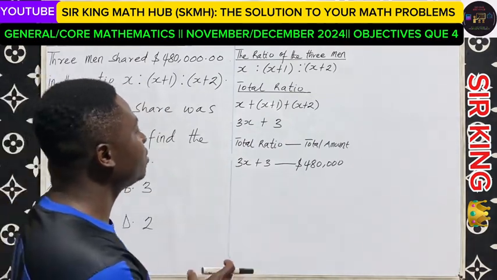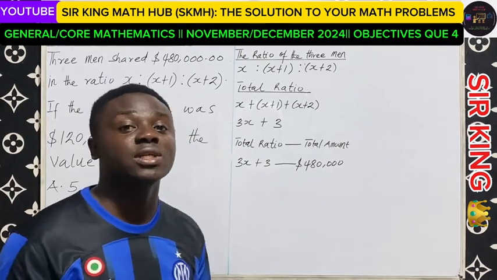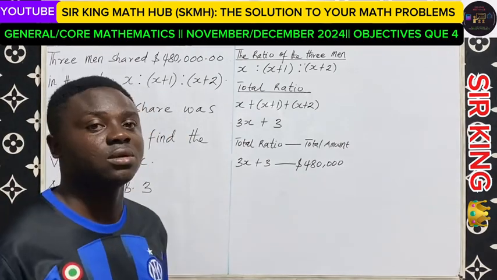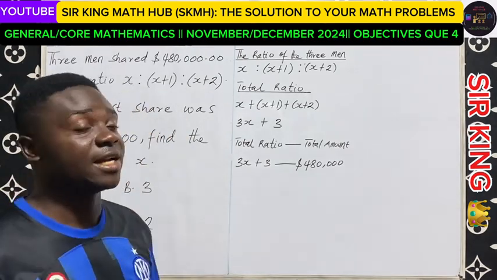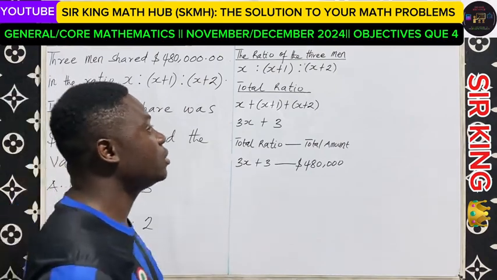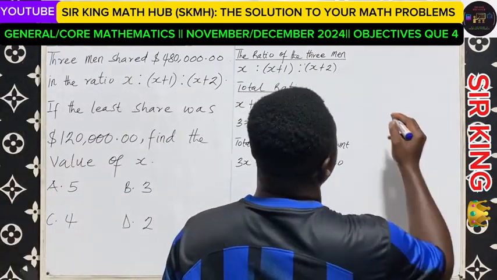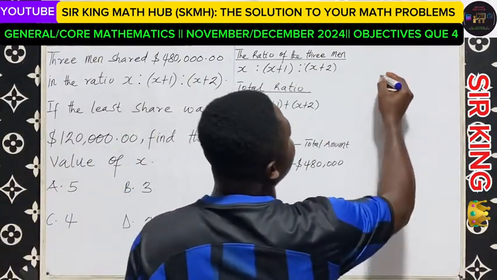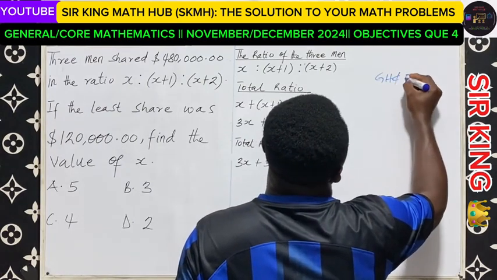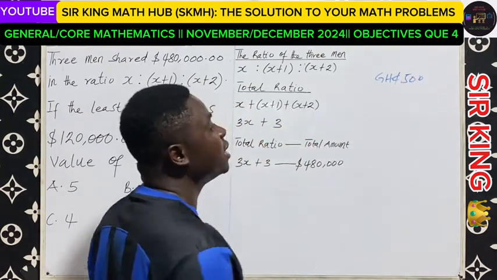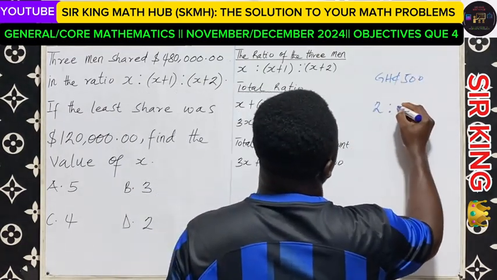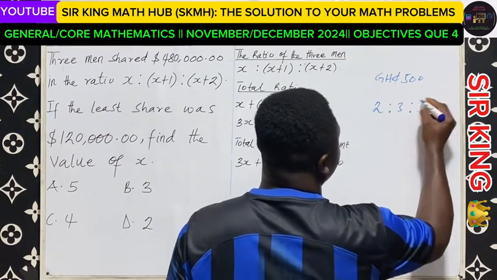But how do we write an expression to calculate the least amount? To get the idea, let's look at this example. Assuming we have 3 men sharing, let's say 500 cedis in the ratio 2 is to 3 is to 5.